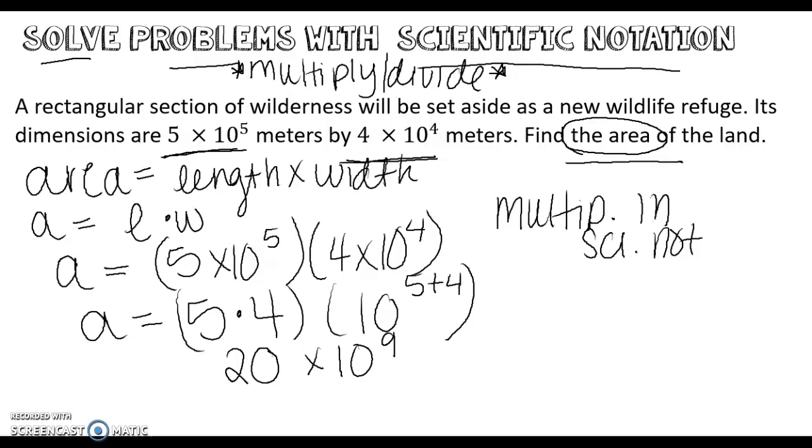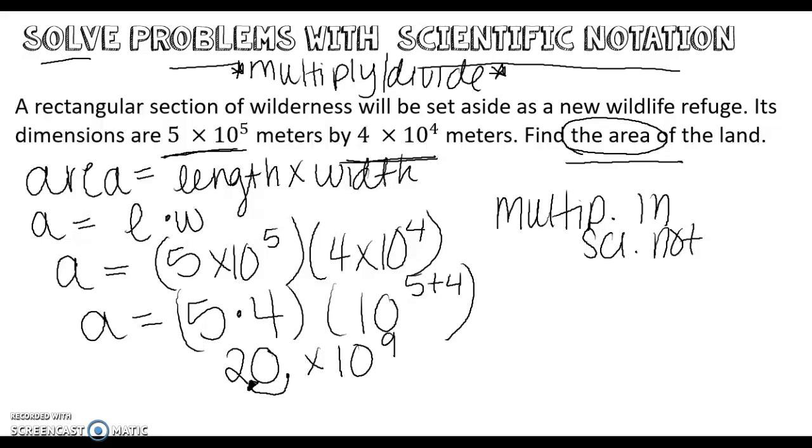But remember, you have to ask yourself, is this in scientific notation? Remember, in order to be in scientific notation, the number has to be between 1 and 10. 20 is not between 1 and 10, so I need to move this decimal.